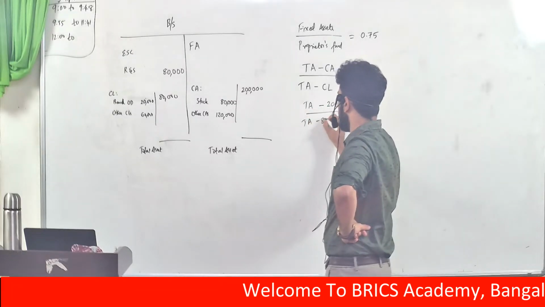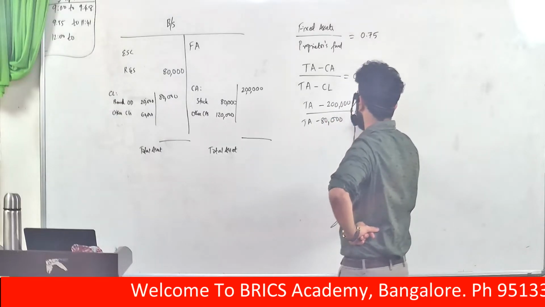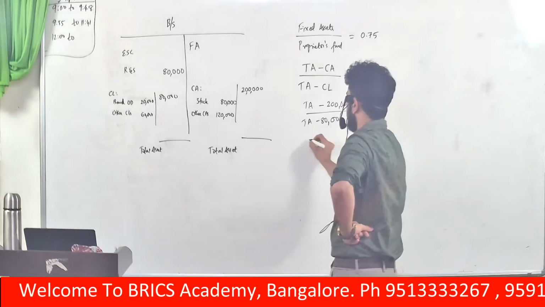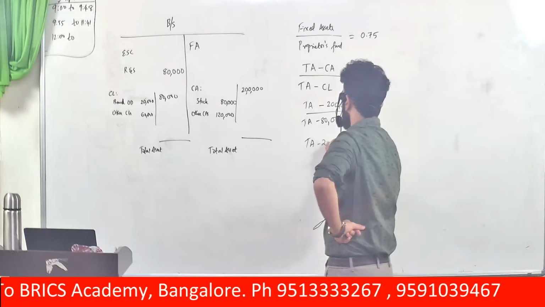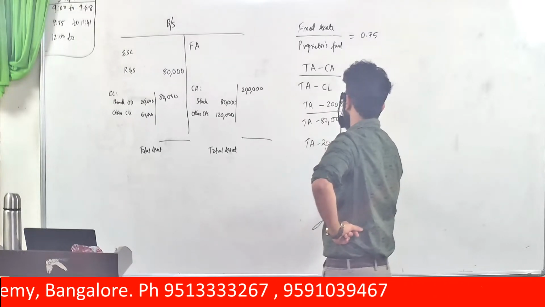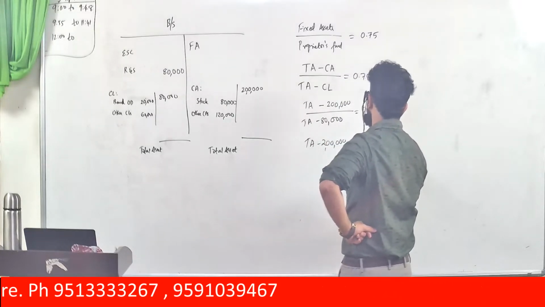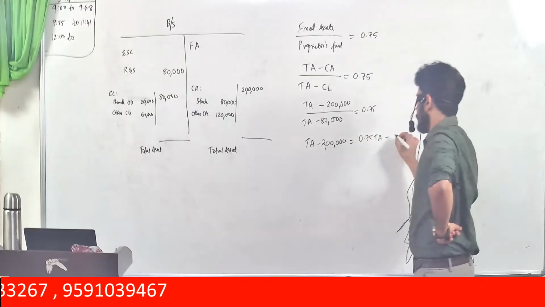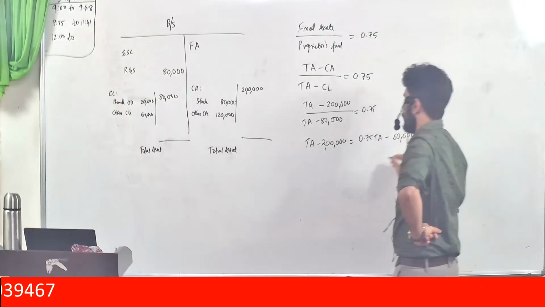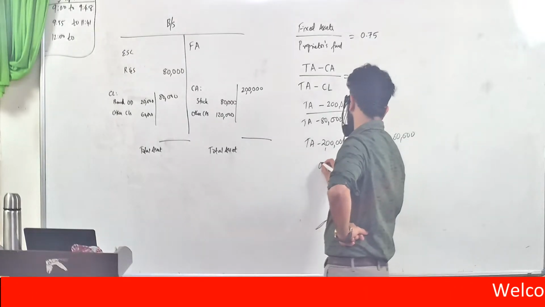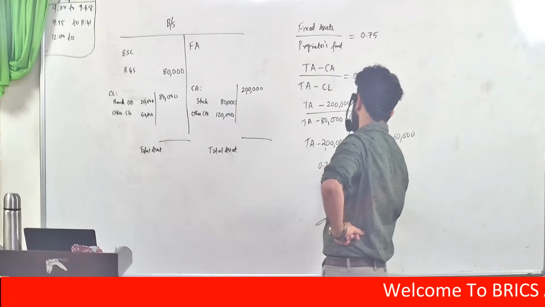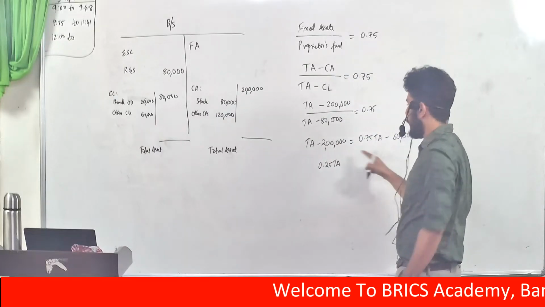Divided by total asset, which we don't know, minus current liability, 80,000, is equal to 0.75. Just cross multiply. TA minus 2 lakh is equal to 0.75 TA minus 60,000. This comes here: 0.25 TA, 1 TA minus 0.75 TA.